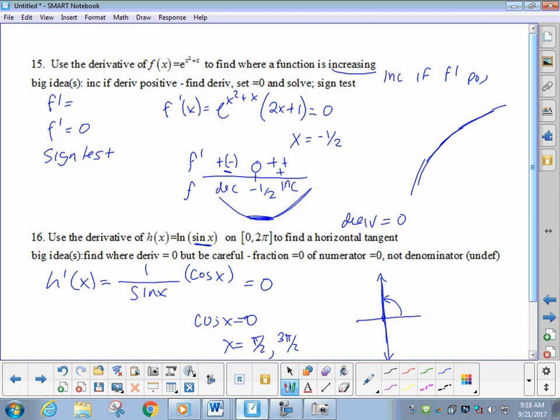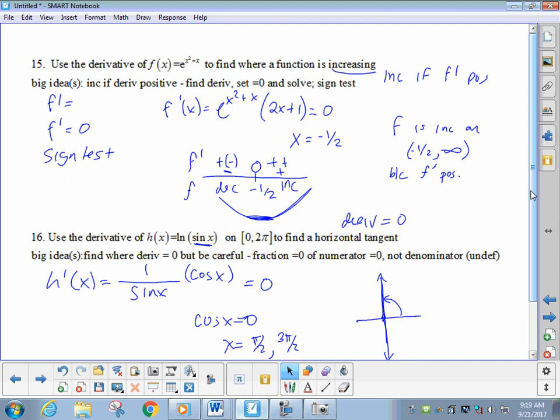So to answer the question, and I'll throw in some justification for good practice, f is increasing on what interval? Negative 1/2 to infinity, because what? Why do you say that? Because f prime is positive, okay?